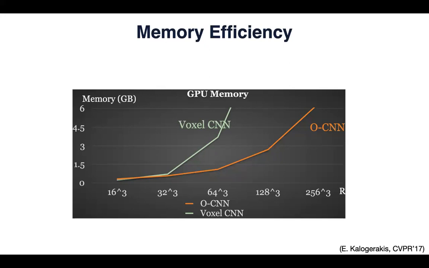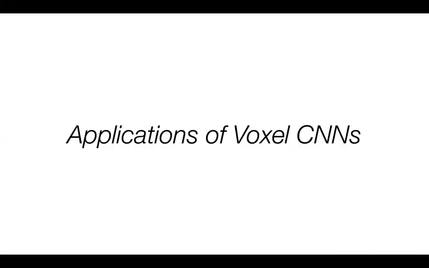And so that's the state of the art for volumetric representations using 3D grids around 2017, 2018. Okay. And now let's see what kind of applications are enabled with these voxel CNNs.